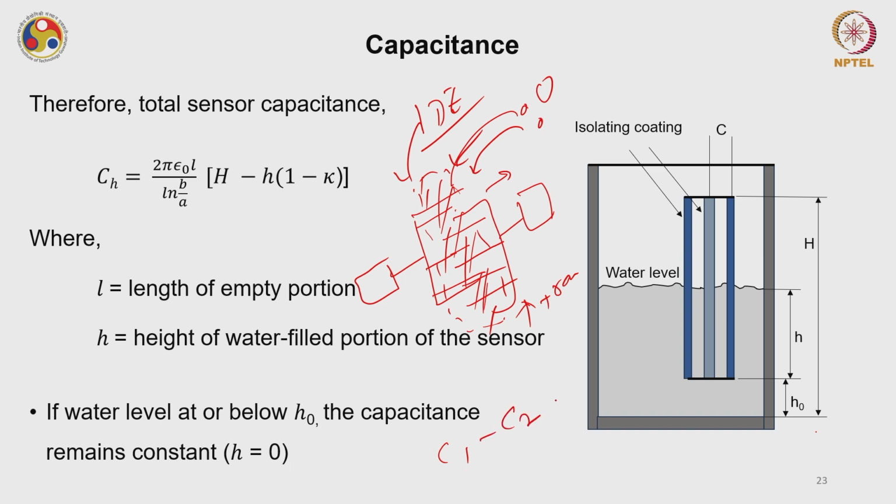So I will have a quantity, say delta C, which is C1 minus C2, and I can calculate the response as delta C by C1 into 100, where C1 is my baseline. So by this, I think the description of a qualitative capacitive sensor is clear to you. A quantitative description I have given for the water level sensor.